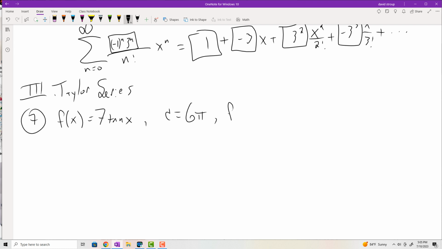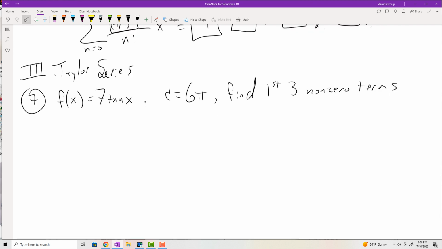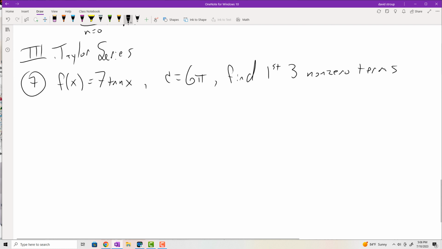In this case, because the derivatives are so nasty, we're just going to find the first 3 non-zero terms. And I'm not even going to pretend that I want to go through this.